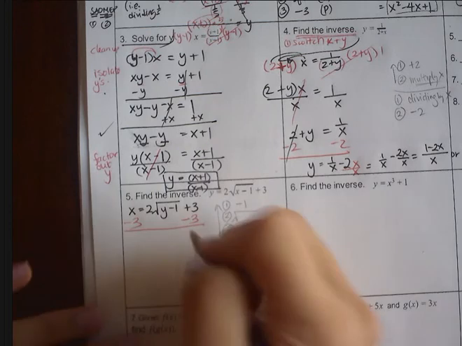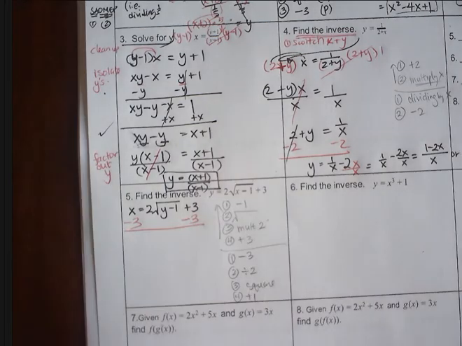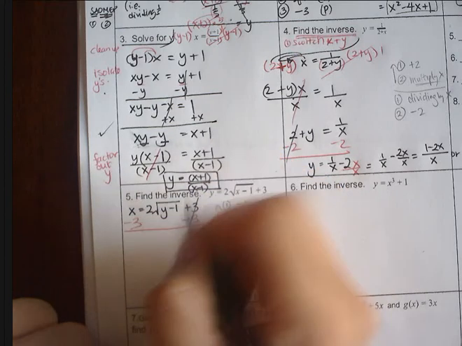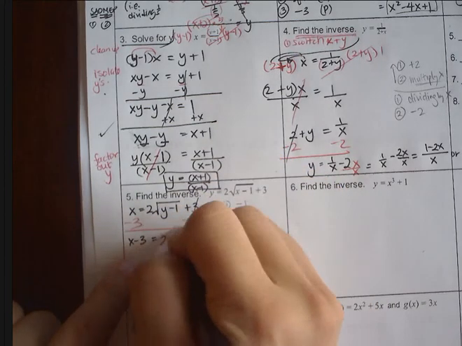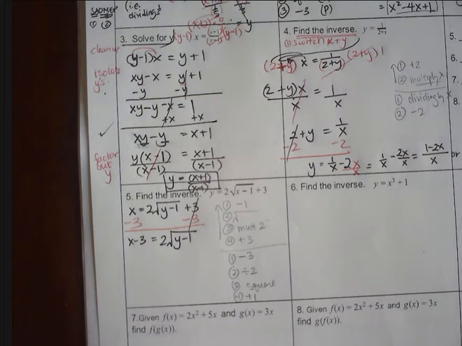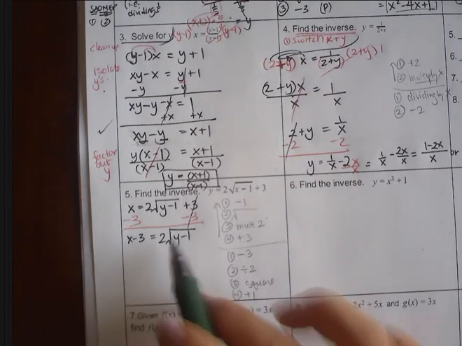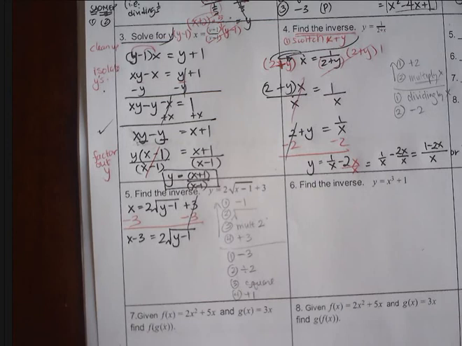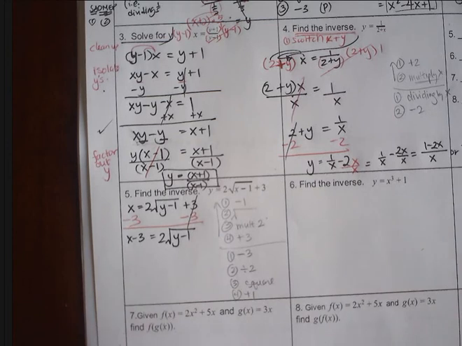The 3 is away, but y is still bothered by the 1 and the 2. Which one do we get rid of first? The 2, right? Now I want to divide by 2 on both sides. 2 divided by 2 is 1. So now I have the square root of y minus 1 equals x minus 3 over 2.